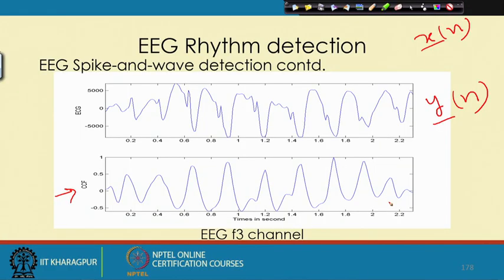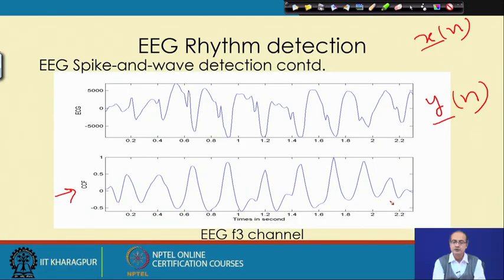They are close enough to be described as spike and wave, but they are not 100% matching. That is why the value is less than 1, because we are not getting a 100% match. But they have a very strong match, and that is why the cross correlation coefficient is more than 0.5 at many places.